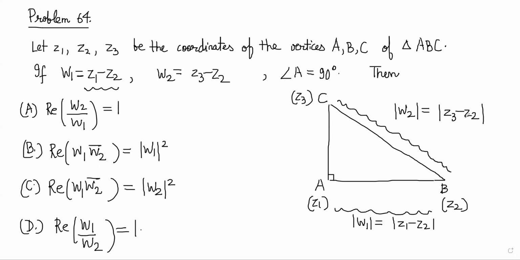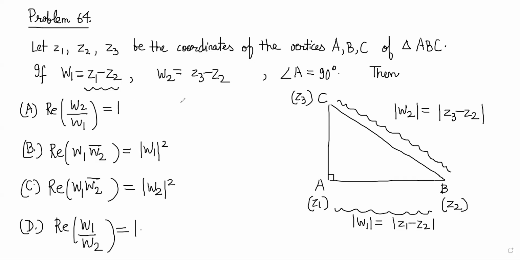The mod of the difference of two complex numbers is basically the distance between them. So here BC represents mod W2 or mod of Z3 minus Z2. AB represents this. And obviously AC is mod of Z1 minus Z3.